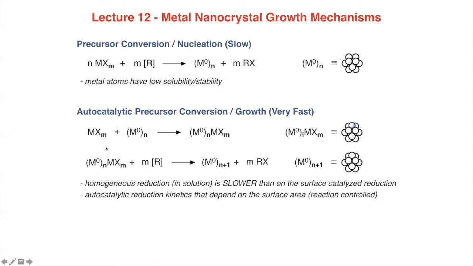Okay, and this gives rise to something called autocatalysis, where the formation of metal leads to a more reactive precursor. And the conversion reaction then takes place on the metal particle surface, okay? So you form the cluster, and the cluster then catalyzes the conversion reaction, and suddenly it speeds up.